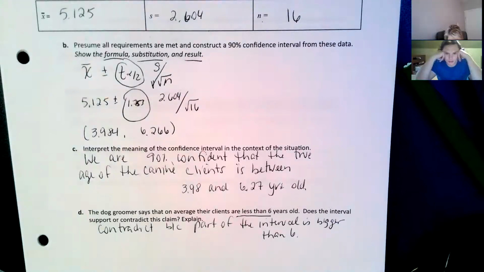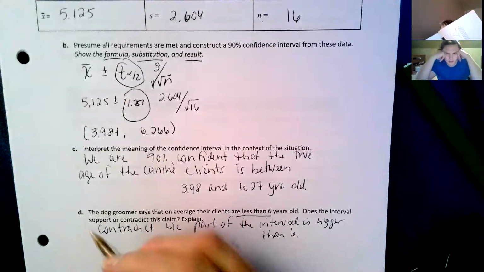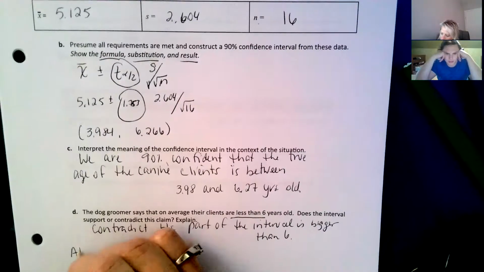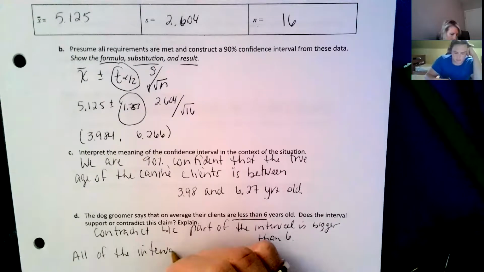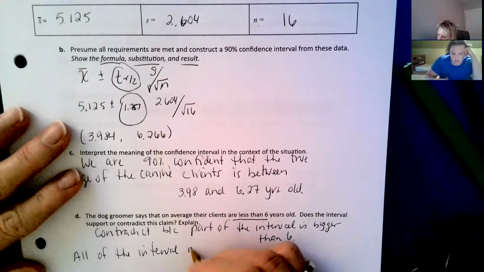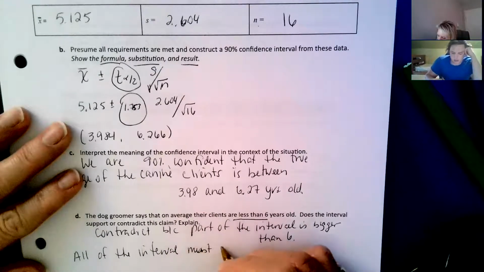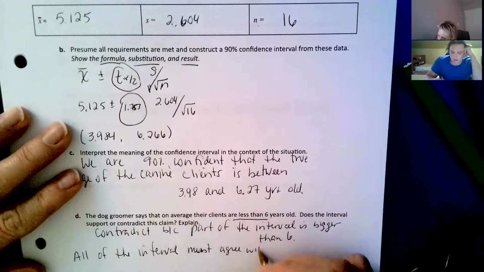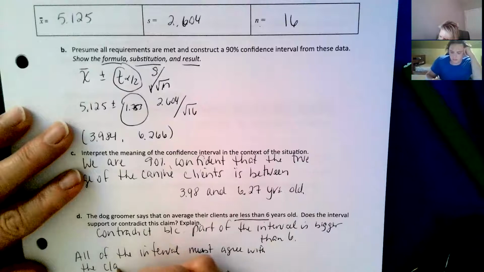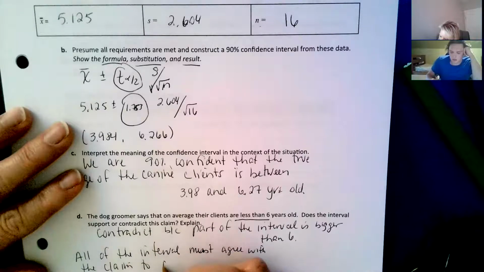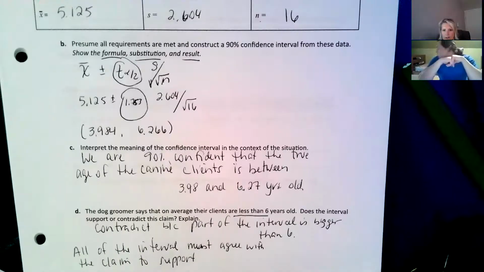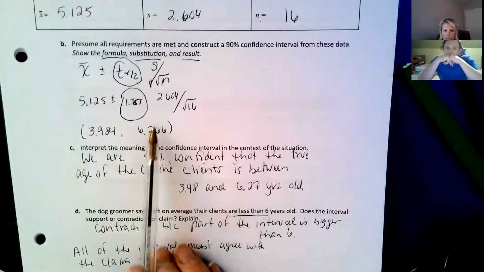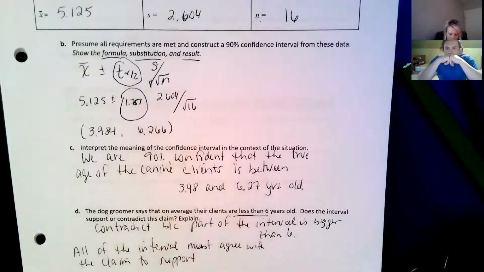How I had them think about it this morning was this: all of the interval must agree with the claim to support. So that's one way you can think about it. If the entire interval doesn't agree with the claim, then you have to say contradict. And because our interval is not completely less than 6, we have to contradict it.